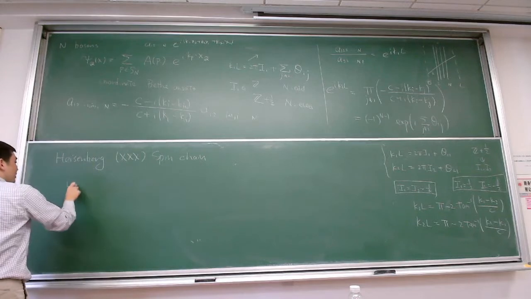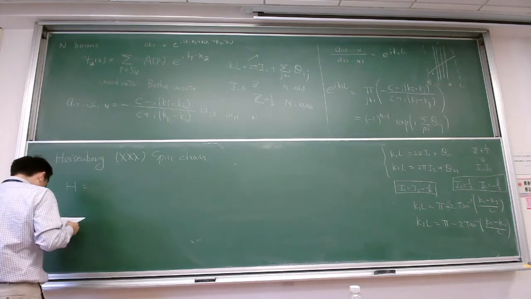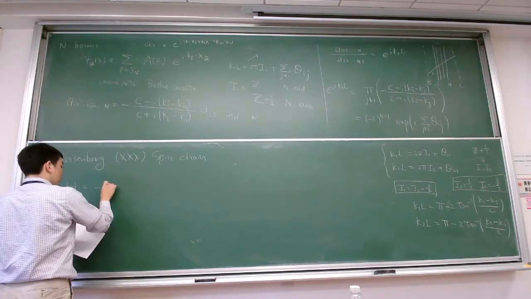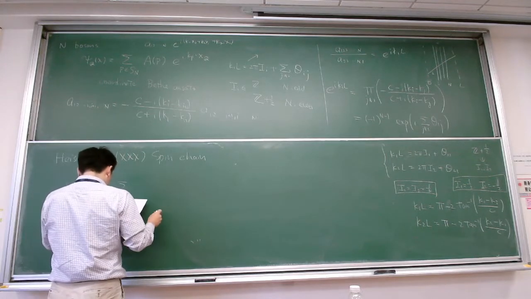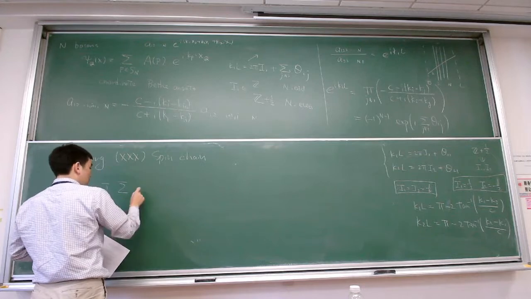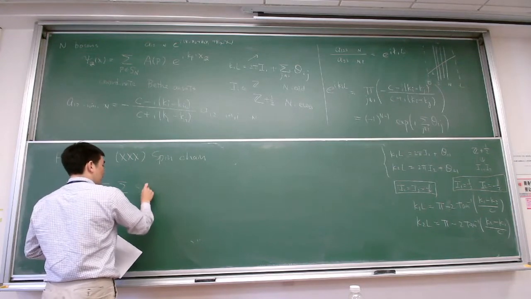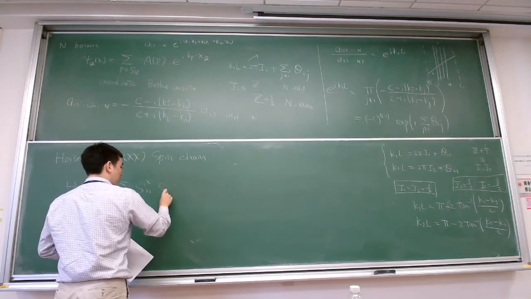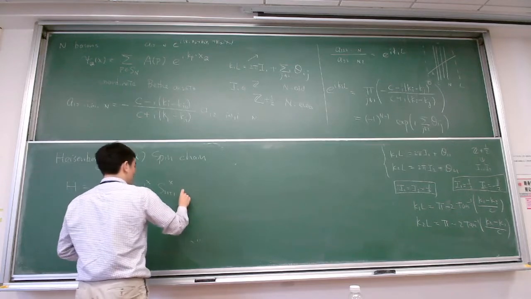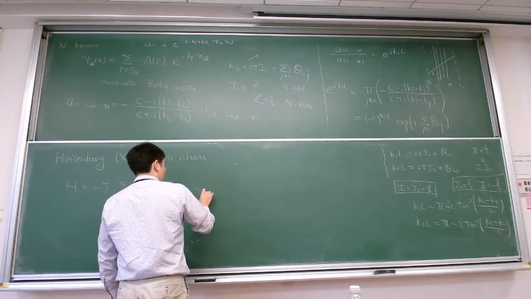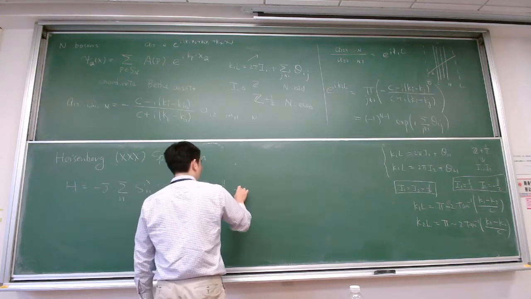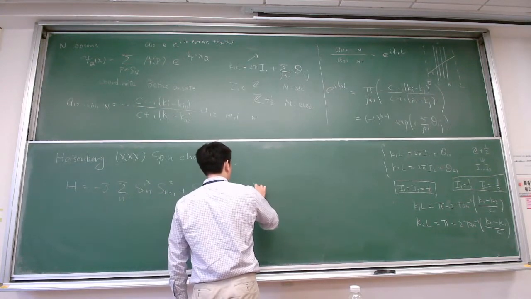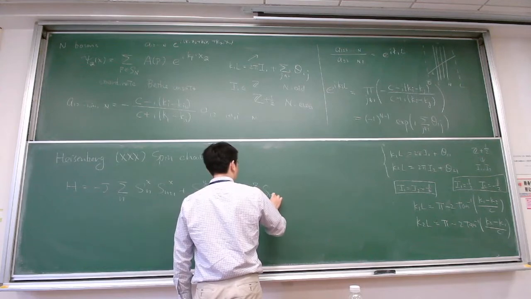And the Hamiltonian is just given by minus J sum over n of Sx_n Sx_{n+1} plus Sy_n Sy_{n+1} plus Sz_n Sz_{n+1}.